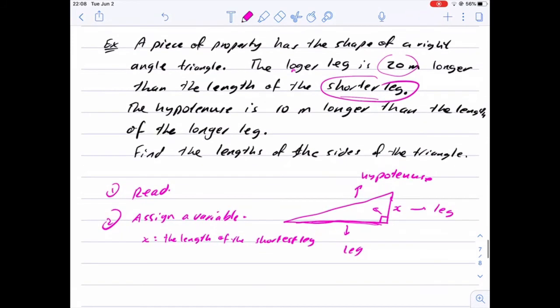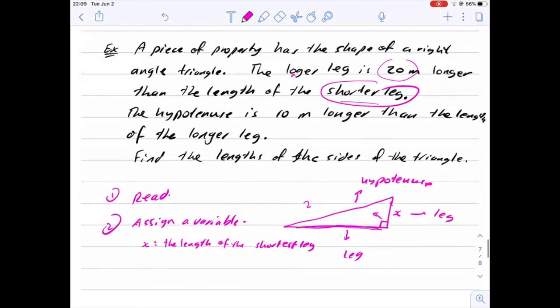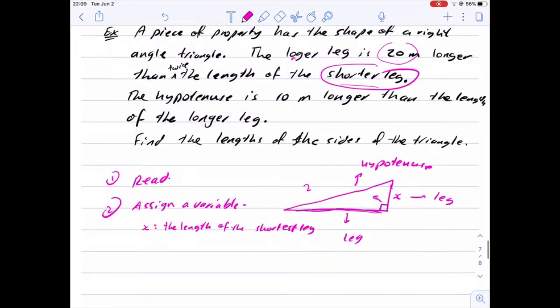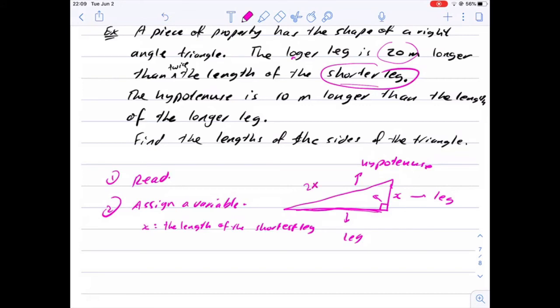So it's 20 longer than twice the length of the shortest length. Twice the shortest length means 2x. 20 meters longer, we need to add 20. So 2x plus 20, this is the length of the longer leg.